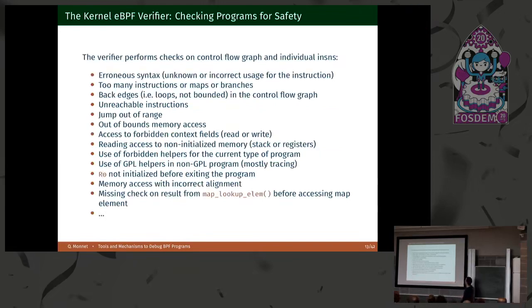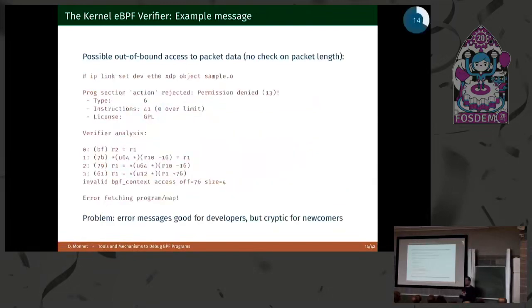So this is a non-exhaustive list of what the verifier tries to check. If you have not valid BPF syntax, it will be rejected. Too many instructions, more than the kernel supports, it will be rejected, and so on and so forth. So just so that you can have a look at an example error message from the verifier. I'm trying to inject a program here, and I'm trying to read a network packet, but I haven't checked that the offset inside that packet is a safe offset, in the sense that my packet is big enough for me to try and access the given offset in the packet.